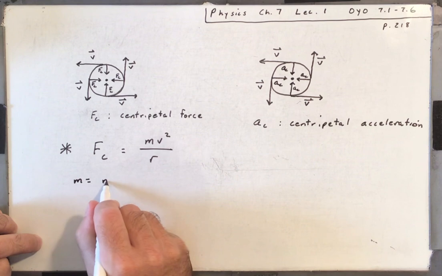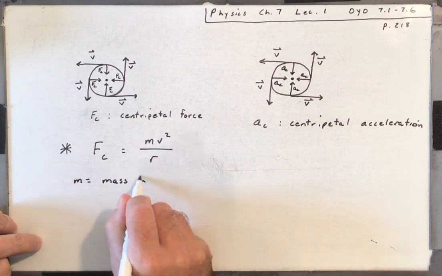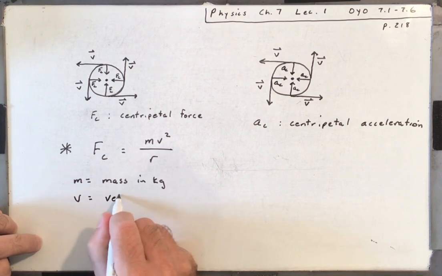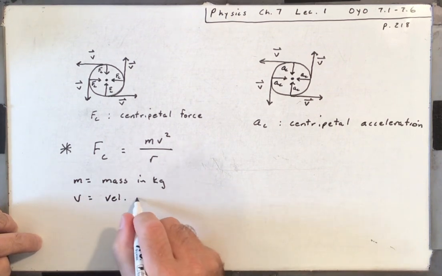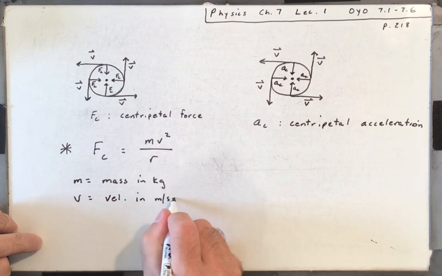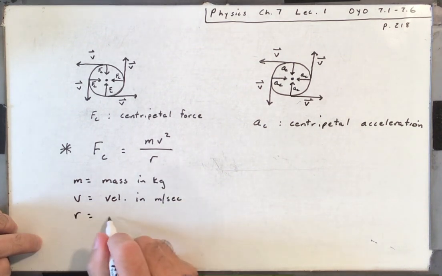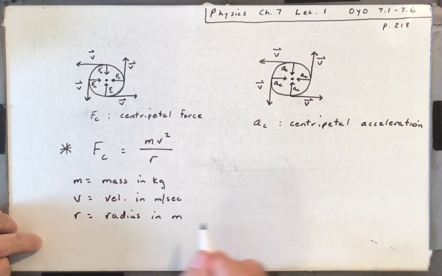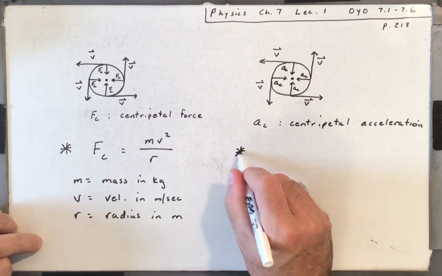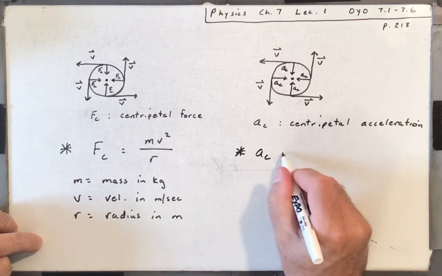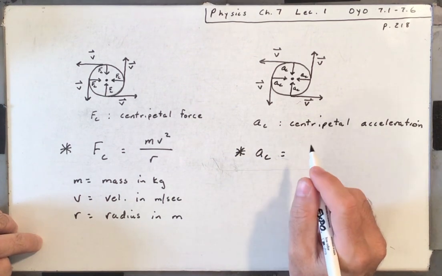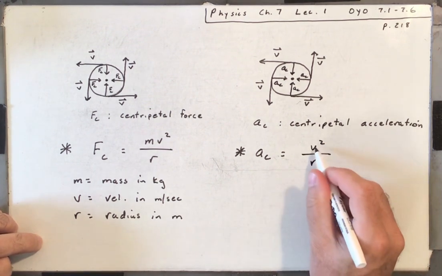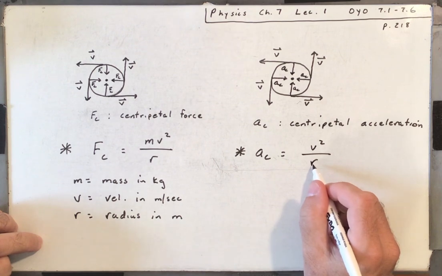So m is mass in kilograms, v is velocity, usually in meters per second, and r is radius in meters. Our acceleration equation, a sub c, is almost exactly the same thing. It's just v squared over r. Velocity squared over the radius.